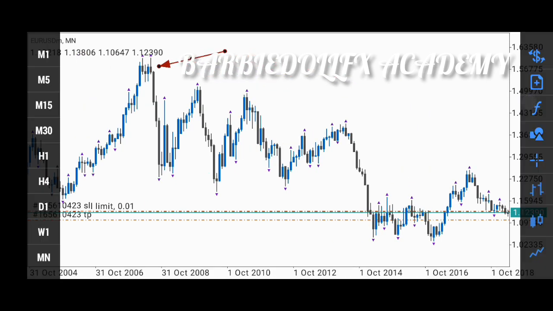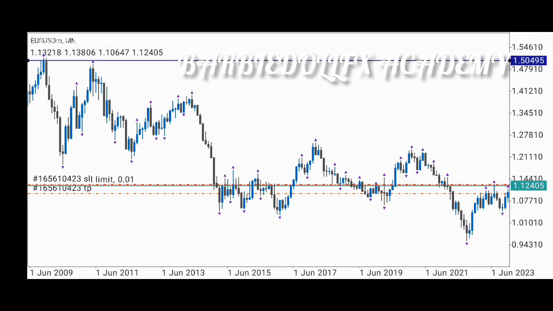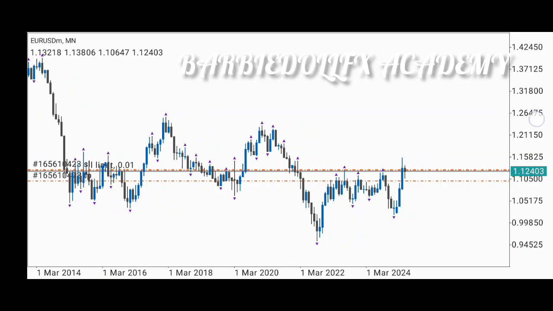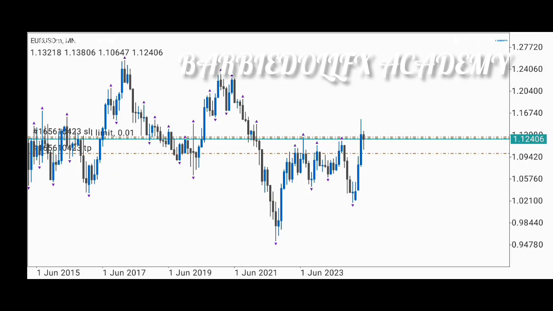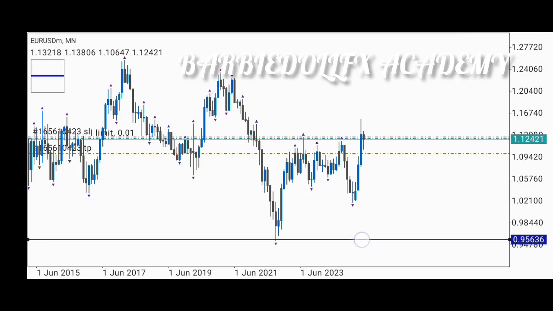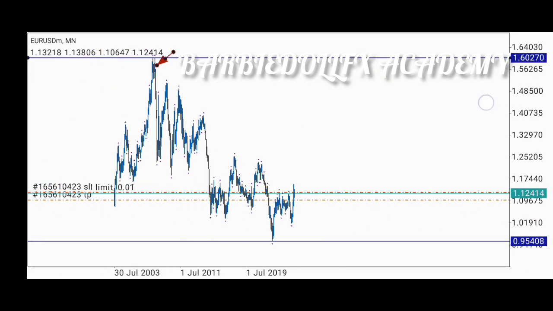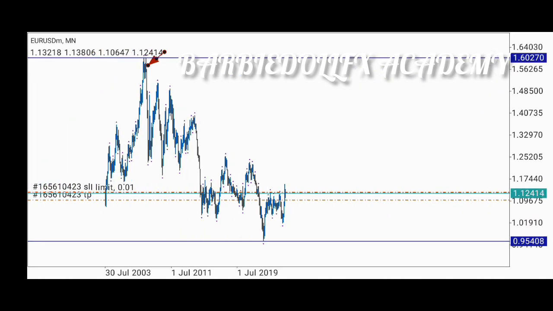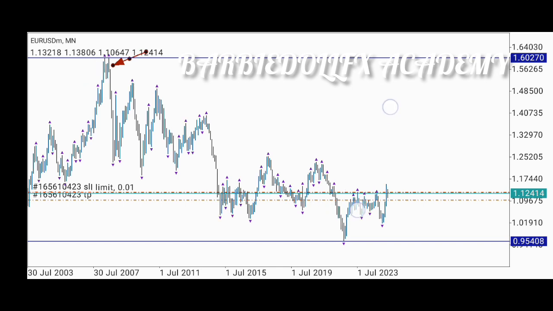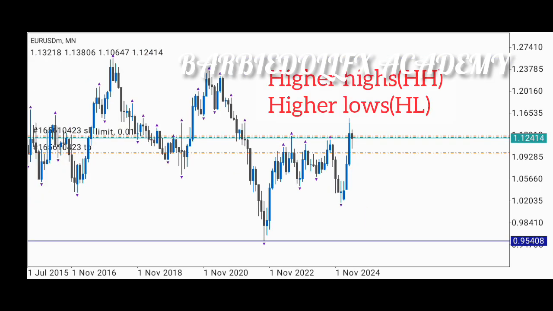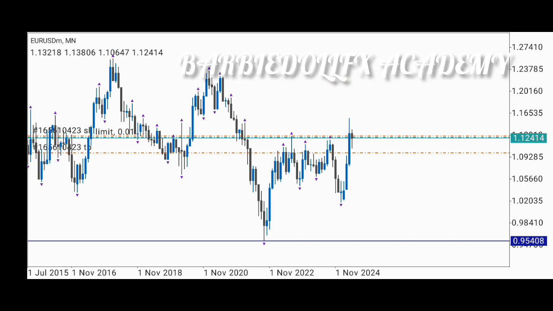You get your horizontal line and mark your highest point. And here is the low. Get your horizontal line and mark your low. So if market is in an uptrend, we have what we call higher highs and higher lows.